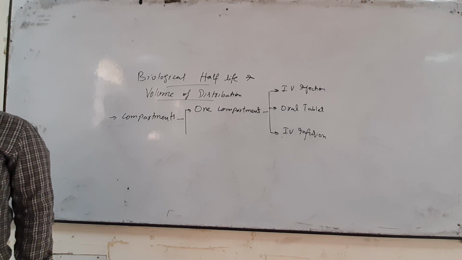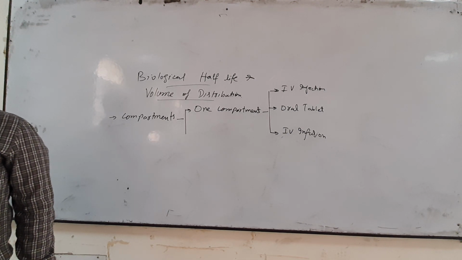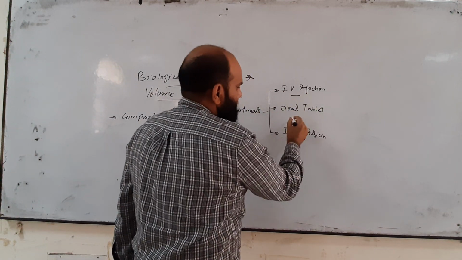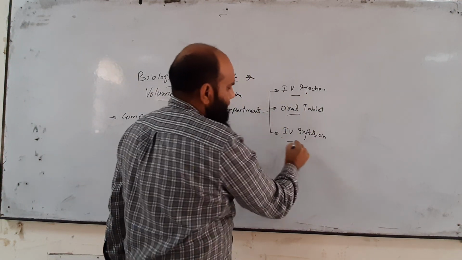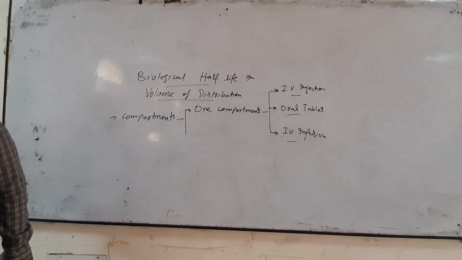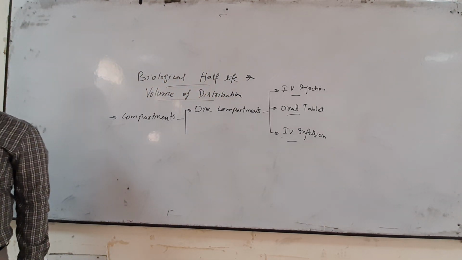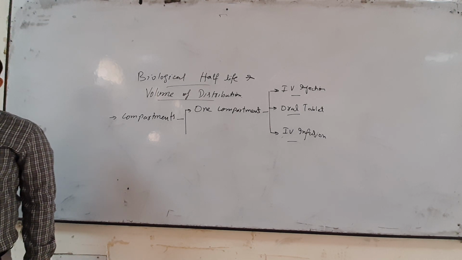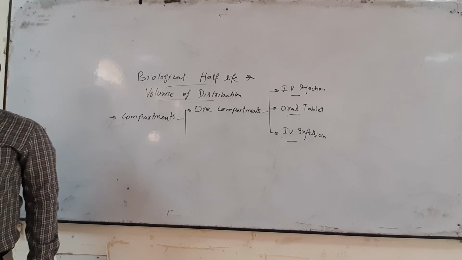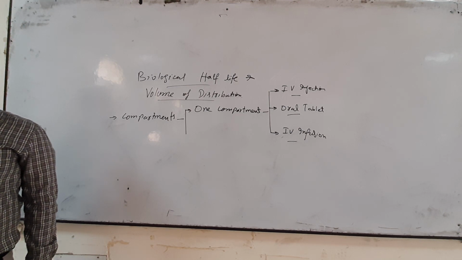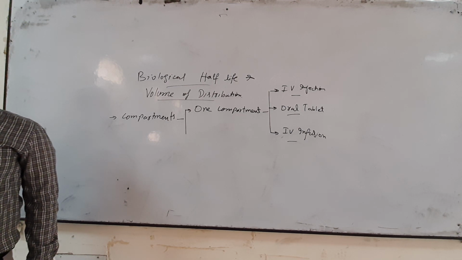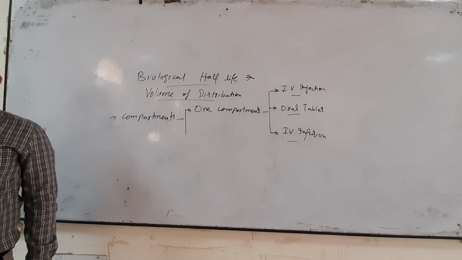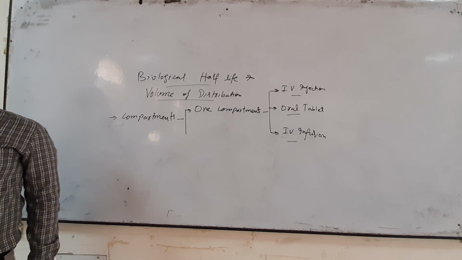And the drug is given by IV injection in case of IV injection, and given as oral tablet in case of IV infusion. 4 assumptions: drug is given by IV injection, drug is following passive diffusion, there is no metabolism, and elimination is only by renal clearance. There is no other way of elimination of the drug.